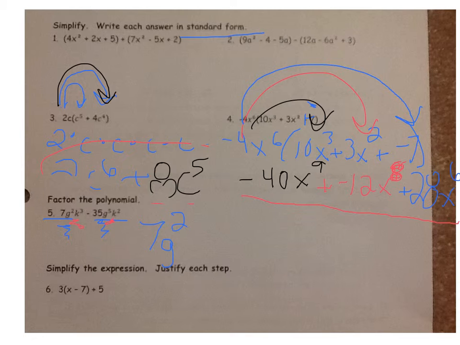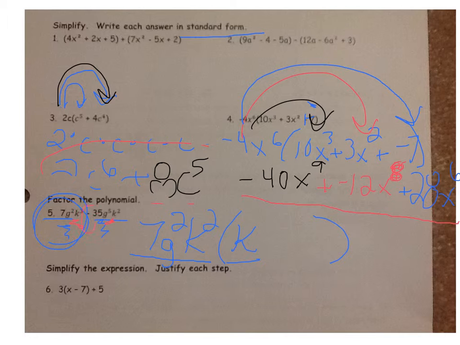So the GCF out of the k's is just k squared. Now, in parentheses, I'm going to have the rest of my quantity. So, in other words, 7g squared k squared times what will get me back to my 7g squared k to the third. So the remaining factor that I need right there to complete that is k.